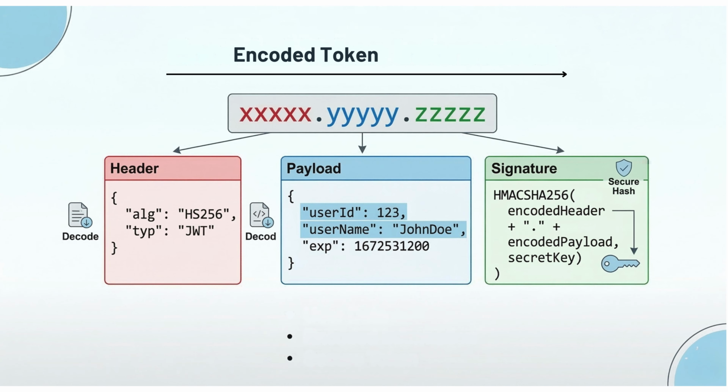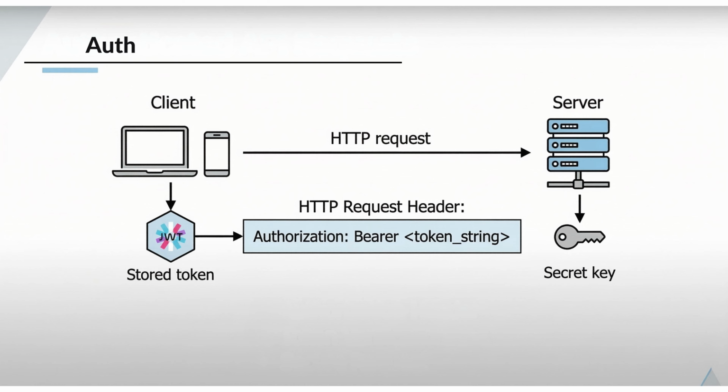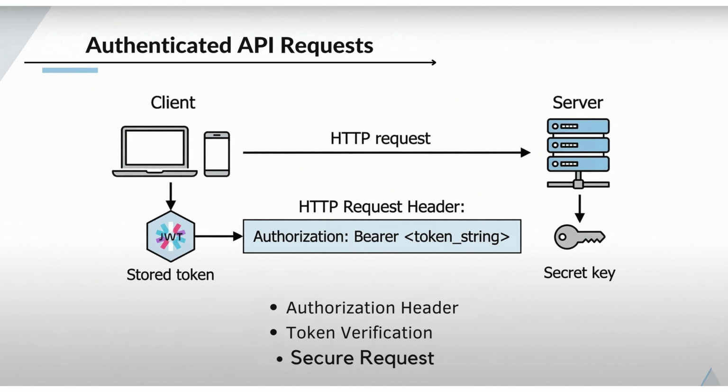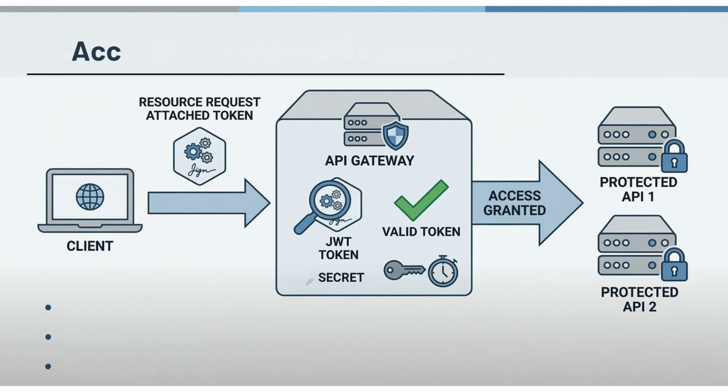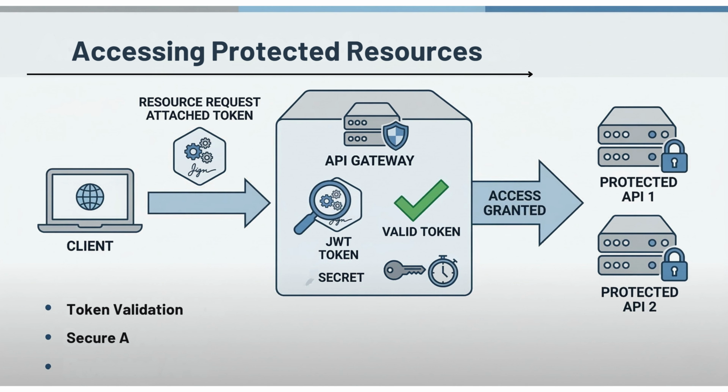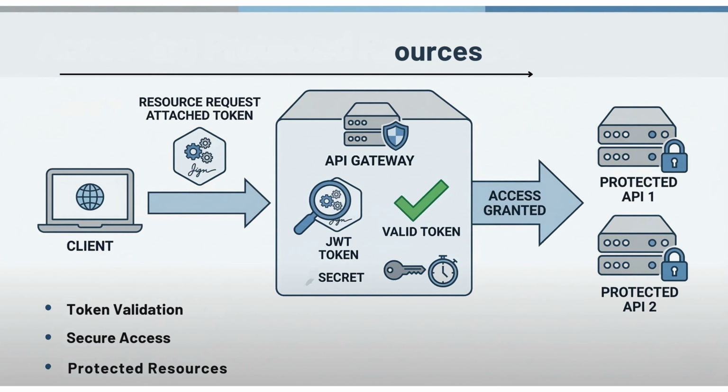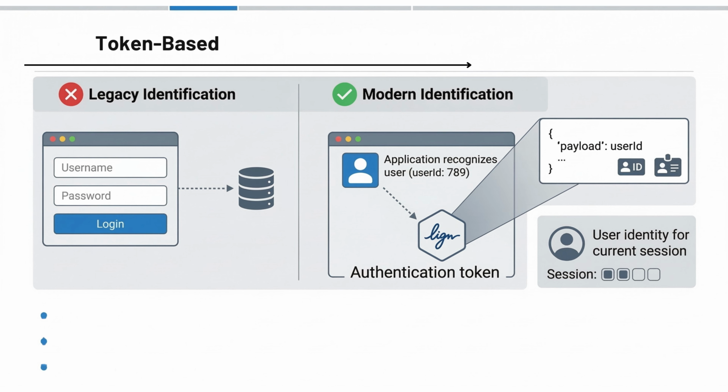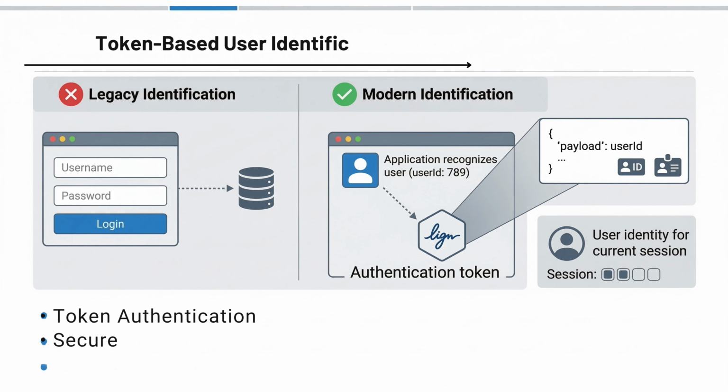This token contains encoded information about the user. For future requests, the client sends this token along with the request. The server verifies the token and grants access to protected resources. This allows applications to securely identify users.